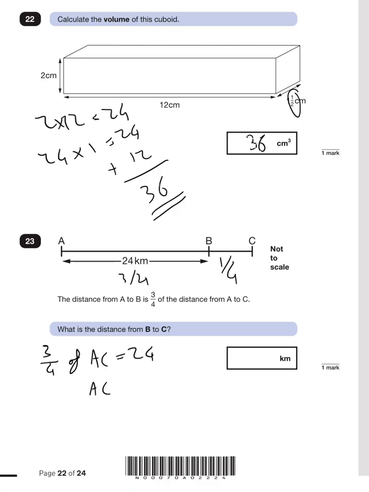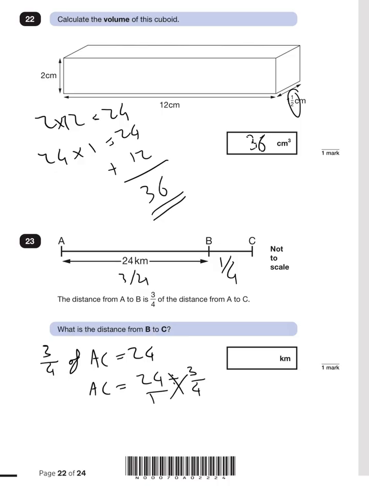So the total AC would be 24 divided by 3/4. 24 is the same as 24 over 1.